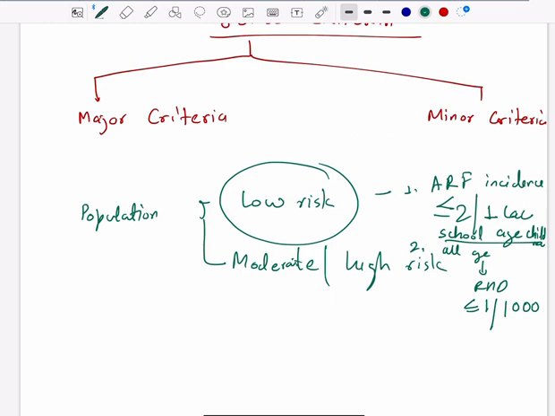So when we apply Jones criteria, first we need to understand the population dynamics. It can be low risk, or moderate and high risk.